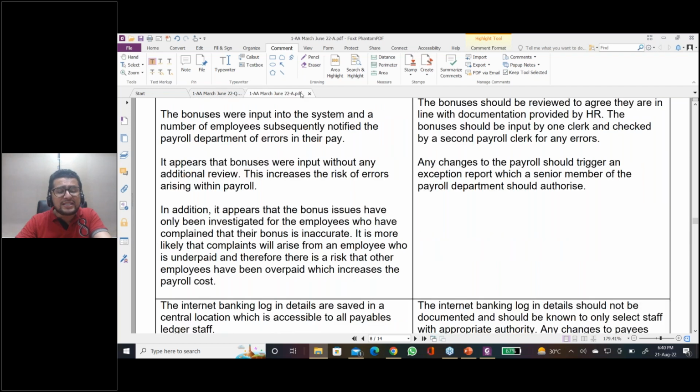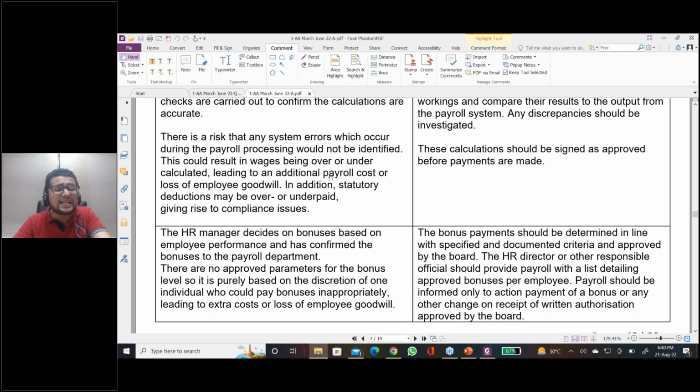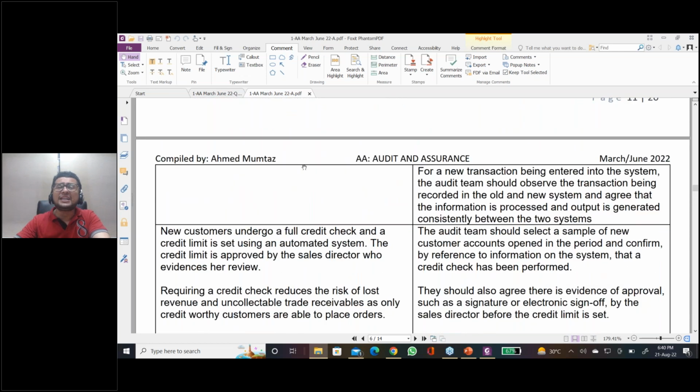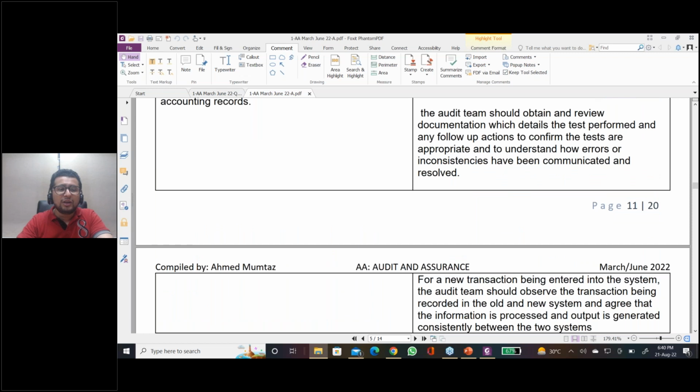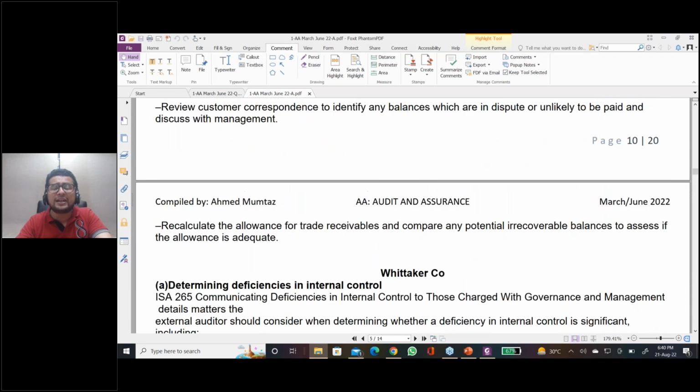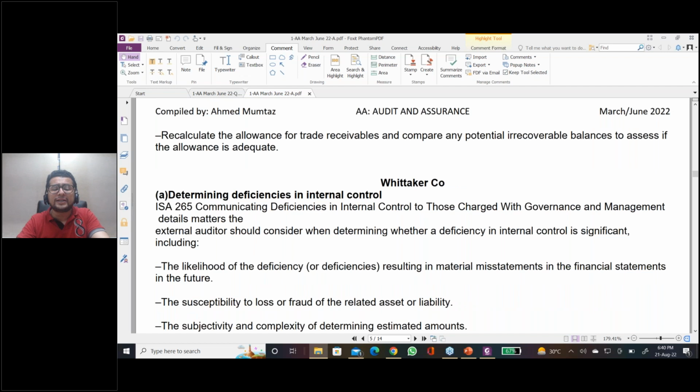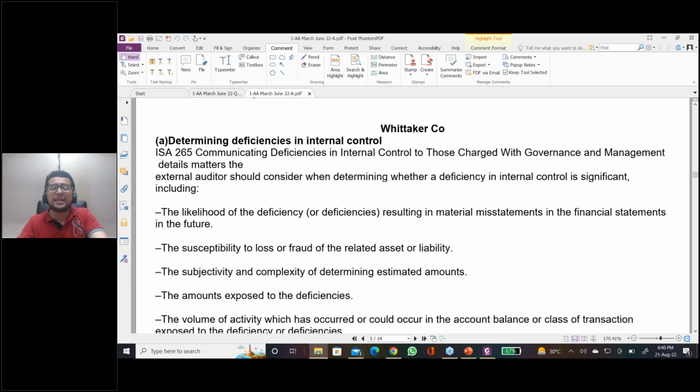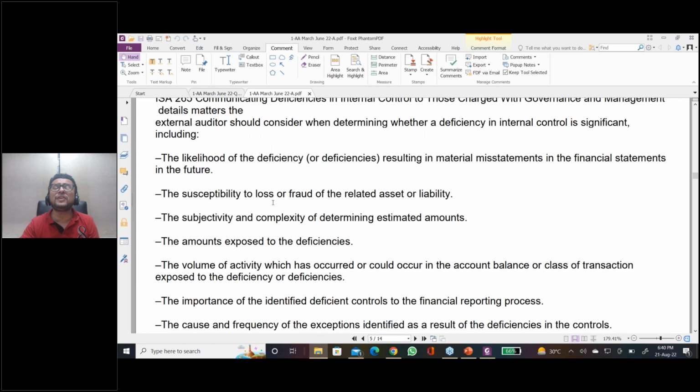Well, a deficiency is considered a significant deficiency if it has a huge frequency. If it could lead to fraud and error. If it leads to losses or frauds. If it leads to other deficiencies within the system.